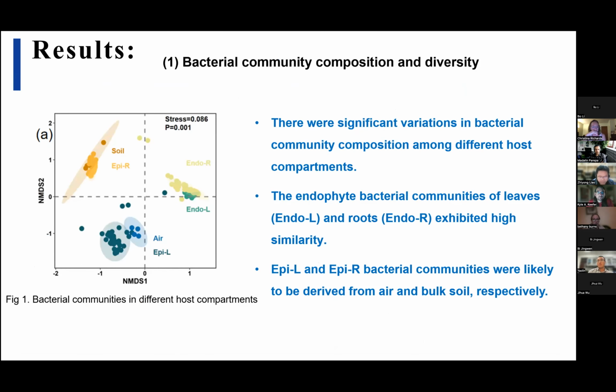And so here are our results. The first part is the bacterial community composition and diversity. We can see there were significant variations in bacterial community composition among different host compartments.